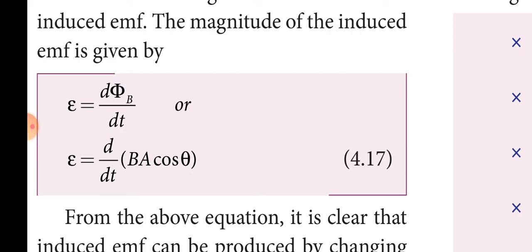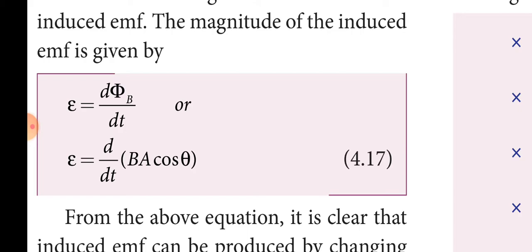So we can generate the EMF by changing the magnetic field B, the area A enclosed by the coil, and theta, which represents the relative orientation of the coil with the magnetic field. These are the methods of producing induced EMF.